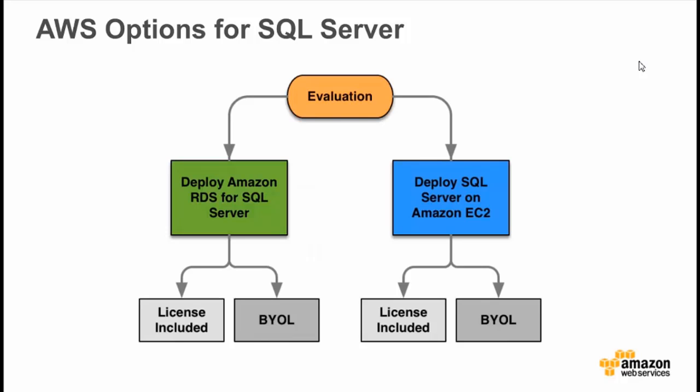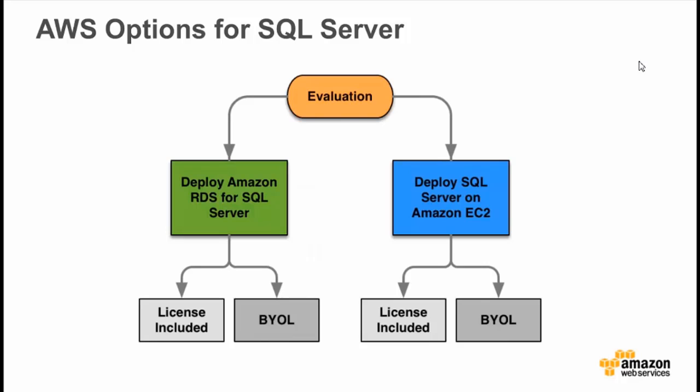On the other hand, Amazon EC2, which stands for Elastic Compute Cloud, lets you run SQL Server where you have full control of the instance. You trade off some of the management aspects as more of the administrative tasks fall under your area of responsibility. In either case, you can bring your own license, we call that BYOL, or you can buy your licenses from AWS, we call that license included.